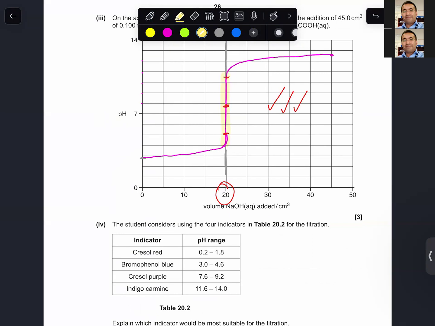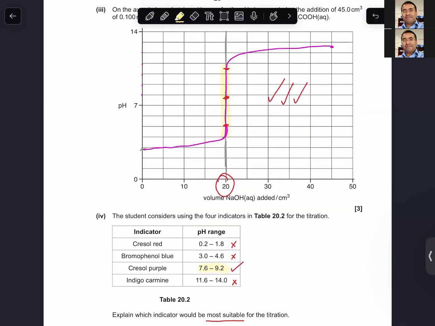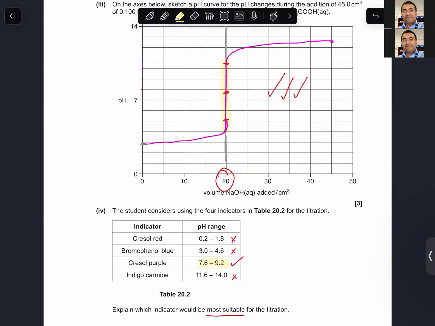So which of these fits in the 4 to 11 range? Nope. Nope. The last one, nope. Cresol purple, 4 to 11, yes it does. That range there and highlighted above there.